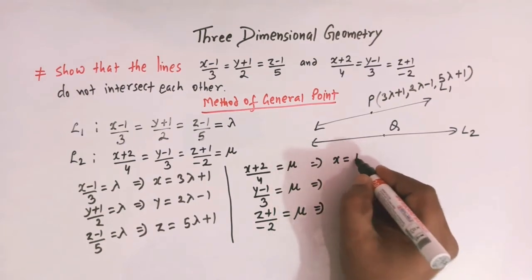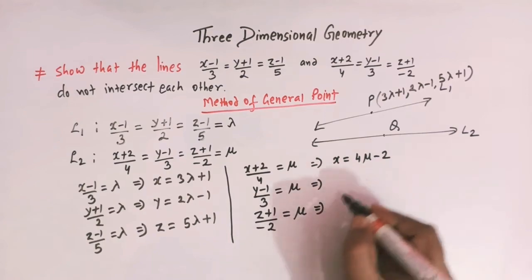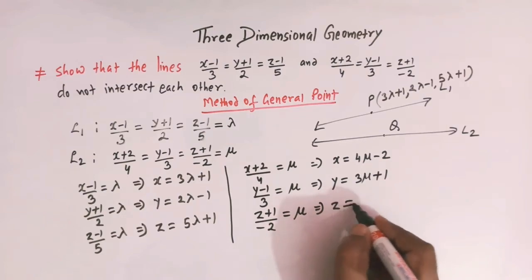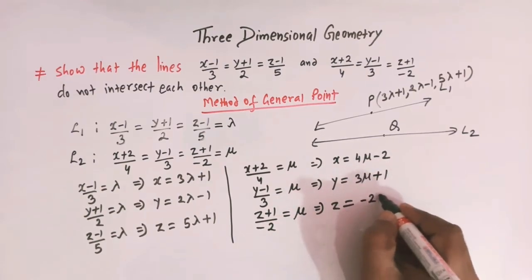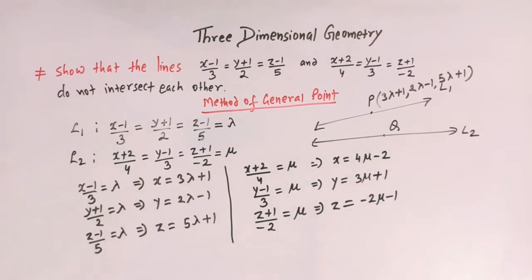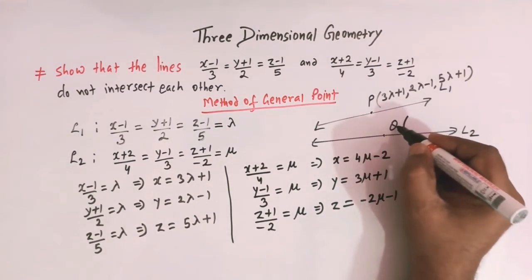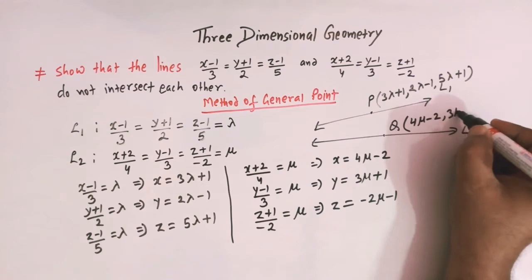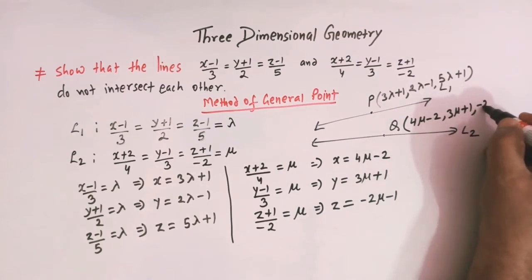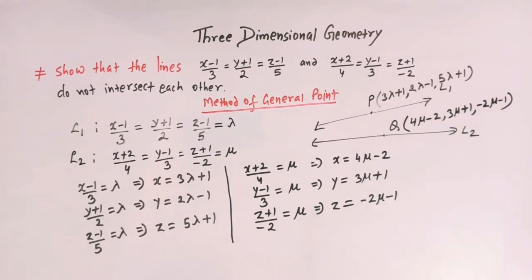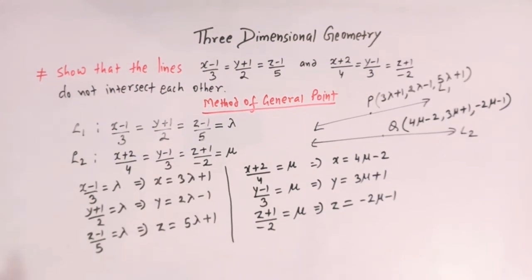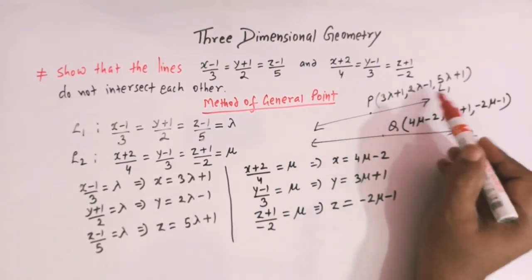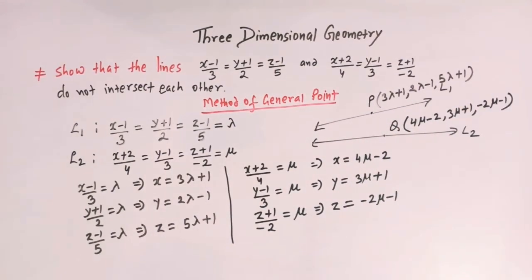So x is equal to 4 mu minus 2, y is 3 mu plus 1, and z is equal to minus 2 mu minus 1. So the coordinates of point Q are (4 mu minus 2, 3 mu plus 1, minus 2 mu minus 1). Now we have obtained the coordinates of the general points P and Q lying respectively on the two lines L1 and L2.